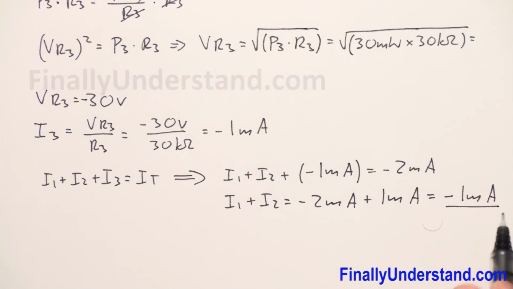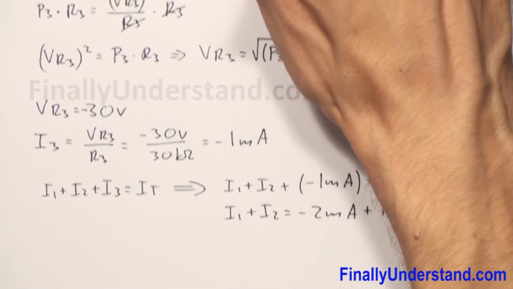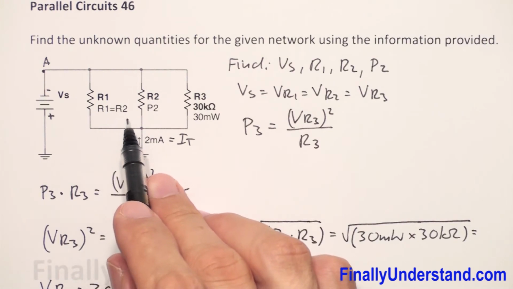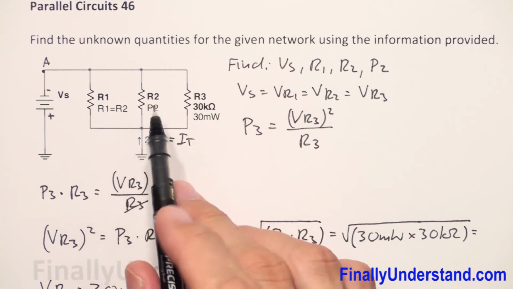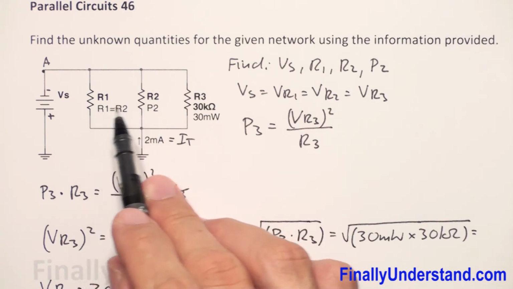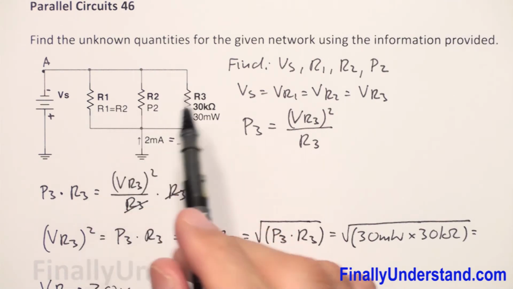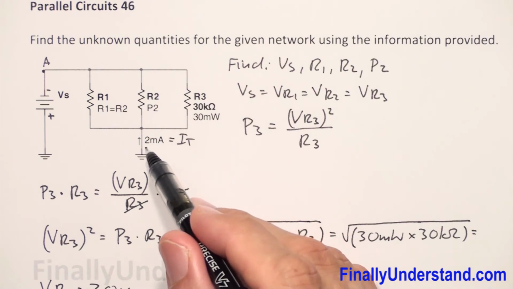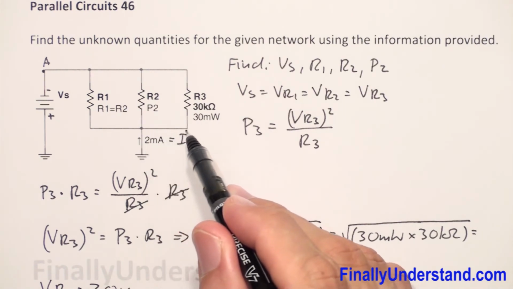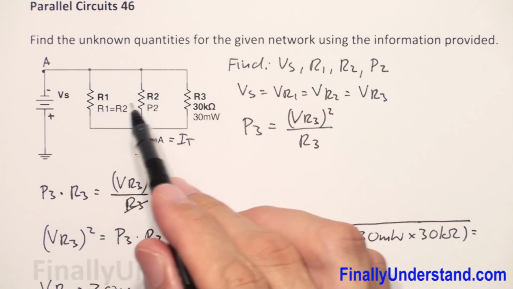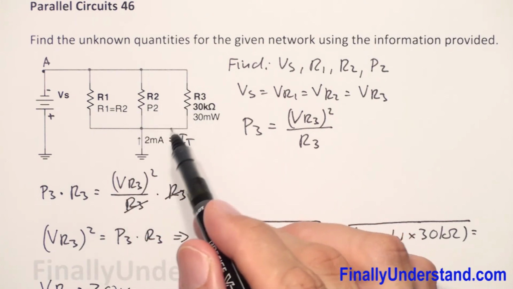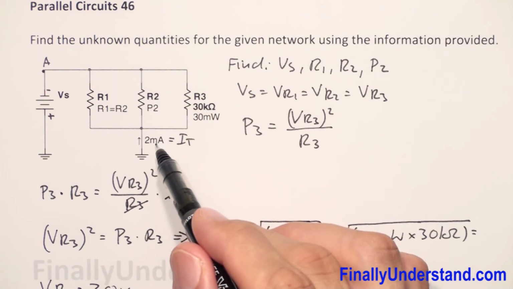Now, please notice that these two resistors are the same. R1 is equal to R2, so it means that the currents in these two resistors are going to be the same. So if I have 2 milliamps as a total current going through the resistors R1, R2 and R3, this current is going to split.